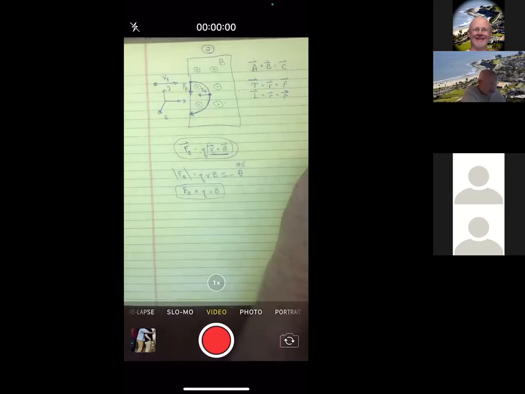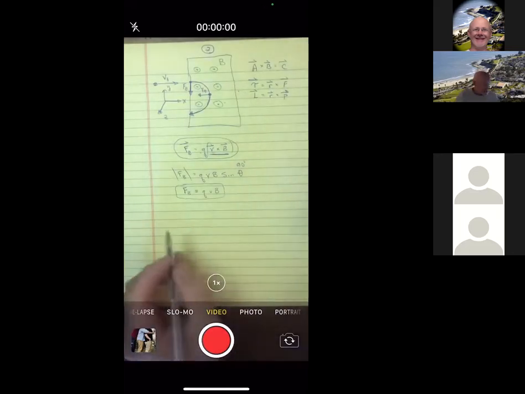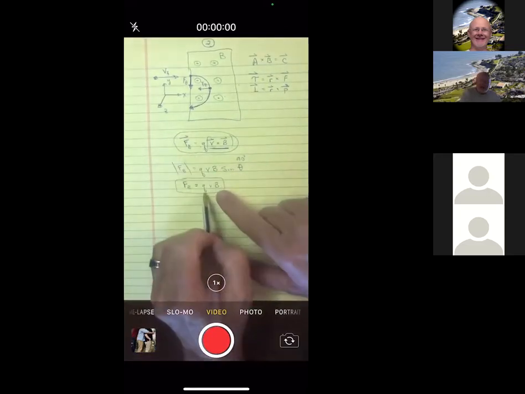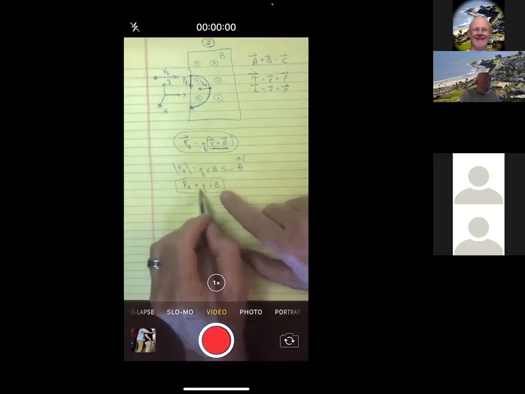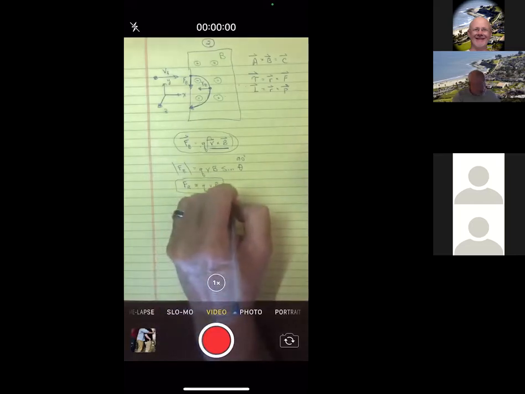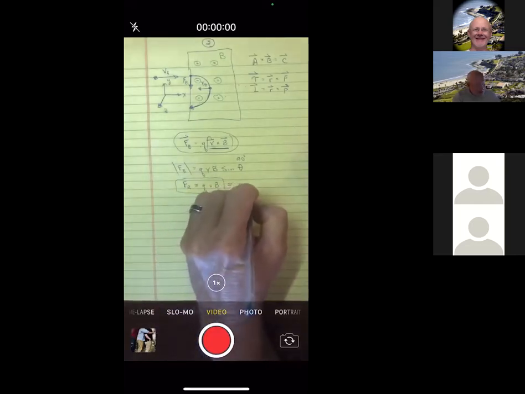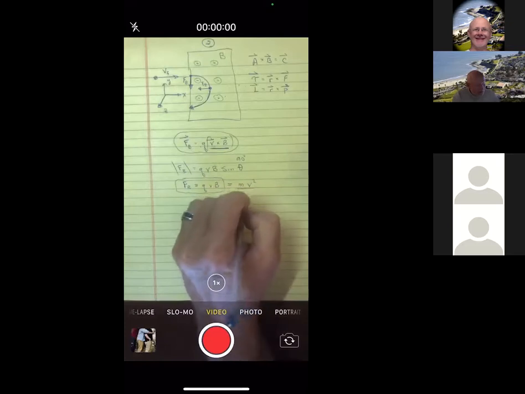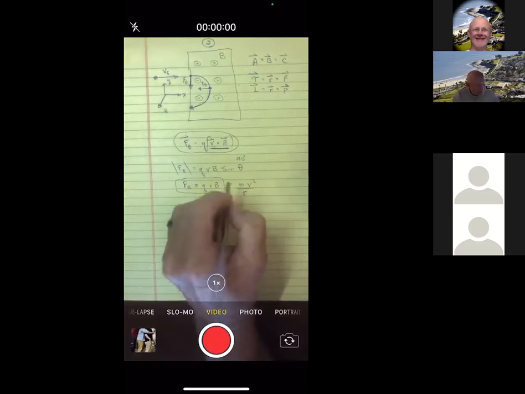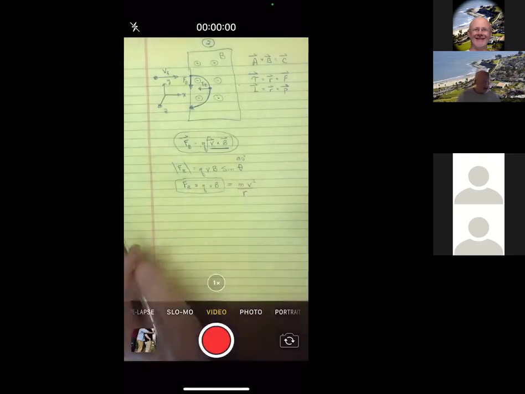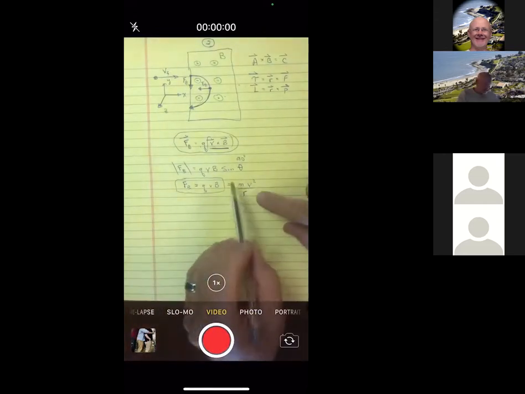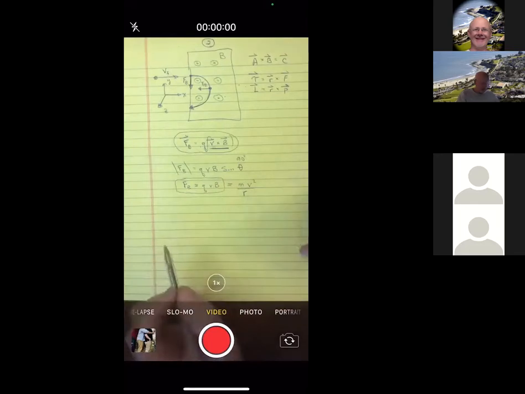And in fact, that's where physics 121 comes into play, because I just calculated down here the magnitude of the magnetic force. And that has to equal mv squared over r, r being the radius of this circle. That step right there is the centripetal force.